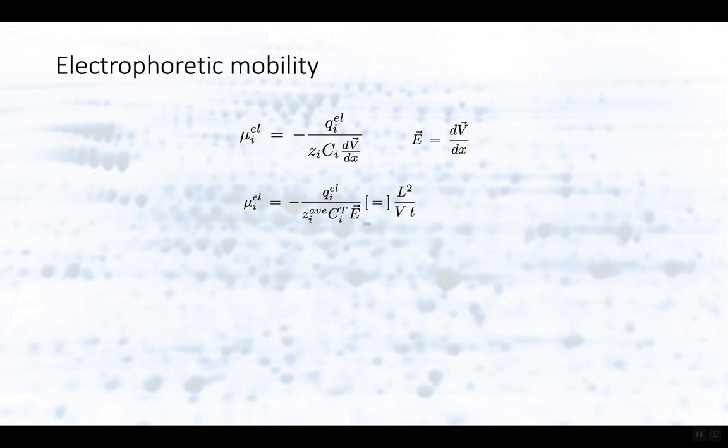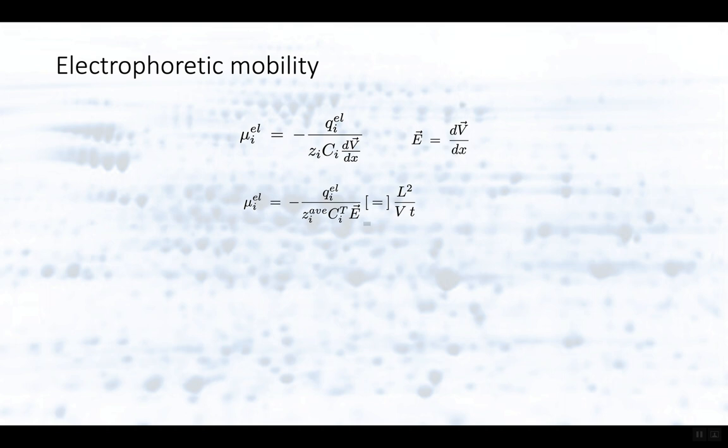Let's think a little bit about the electrophoretic mobility. The electrophoretic mobility is the molar rate of transport, in other words, that flux through a given area, divided by the concentration, the charge, and the field strength. dV/dx is the electric field strength.